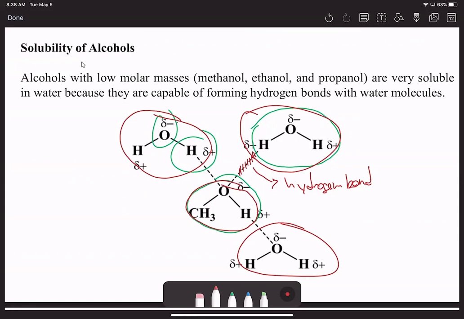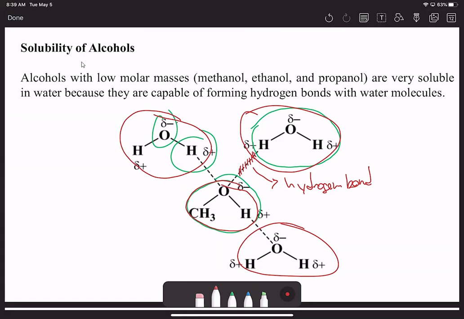Gas does not dissolve in water, right? If you've ever seen gas and water mixed before, the gas lays up top, the water lays on the bottom, but it definitely doesn't mix. So again, some alcohols.